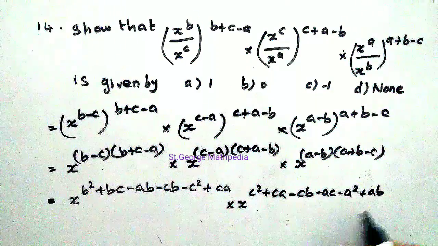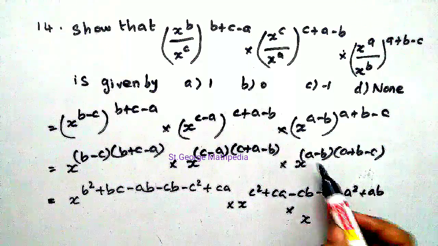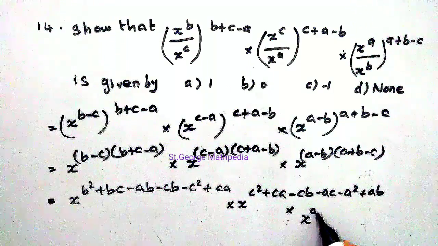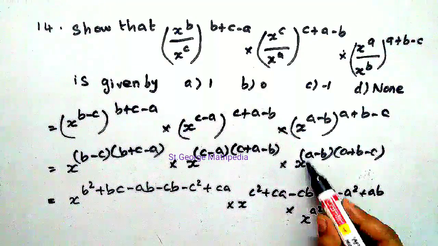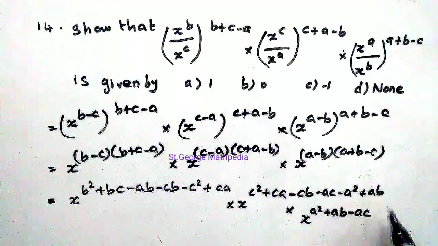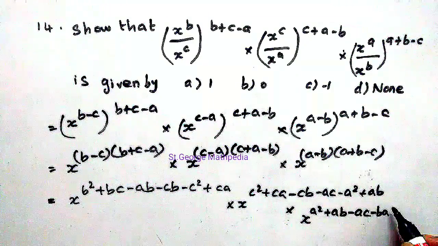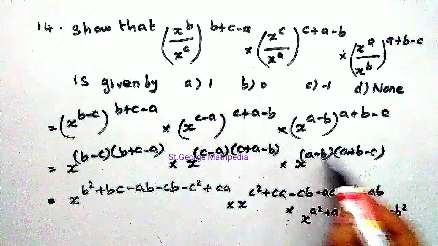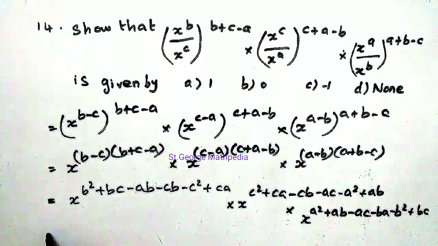Similarly multiply this as well, x to the power of a is a squared plus ab minus ac minus ba minus b squared, minus into minus plus bc.